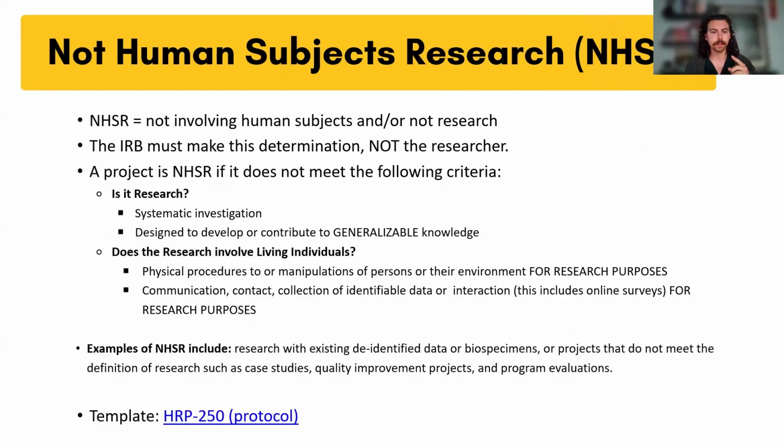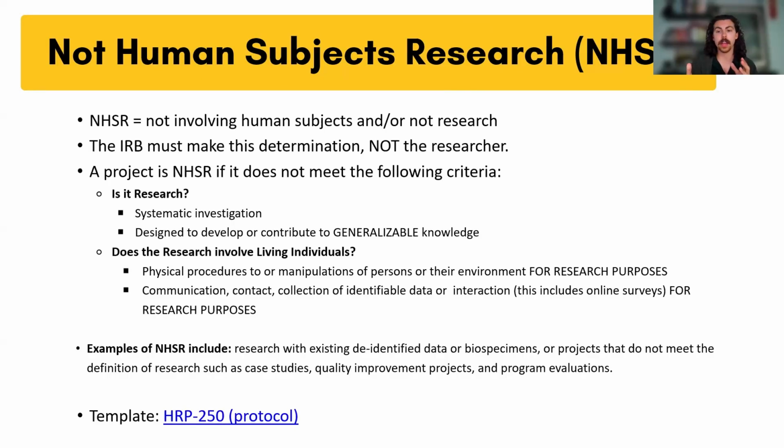So for one thing, if it doesn't involve living individuals and it's with existing de-identified data or biospecimens. When I say existing and de-identified, I'm referring to the data set cannot be traced back to the individuals in it, and the data does not require consent because it's already been collected. So in that case, the research would not involve living individuals.